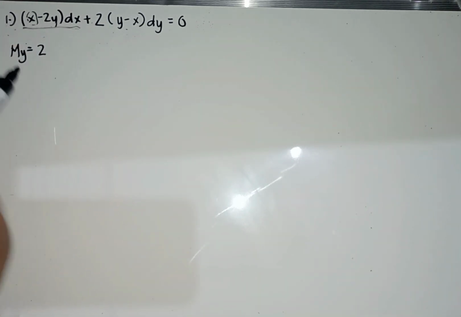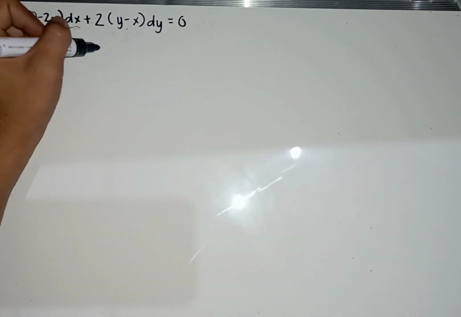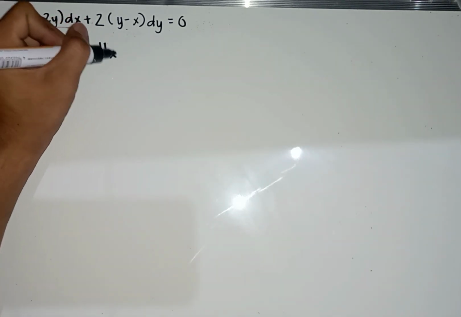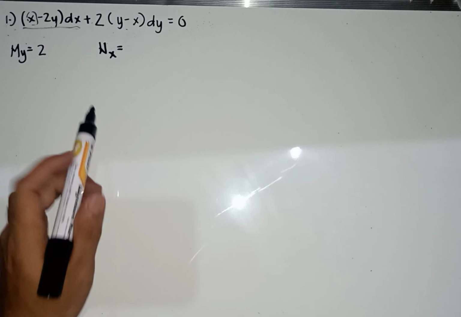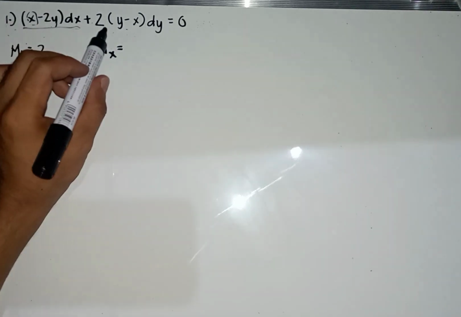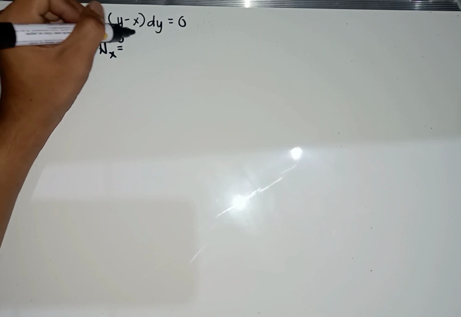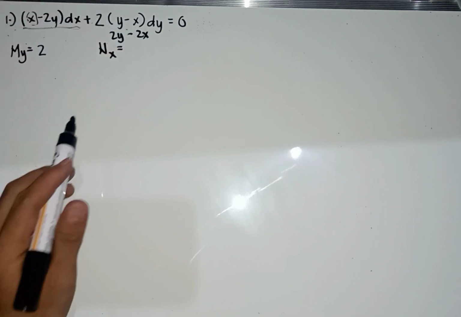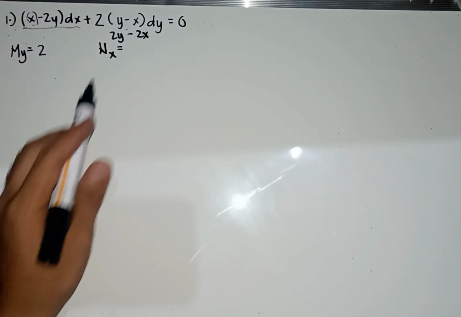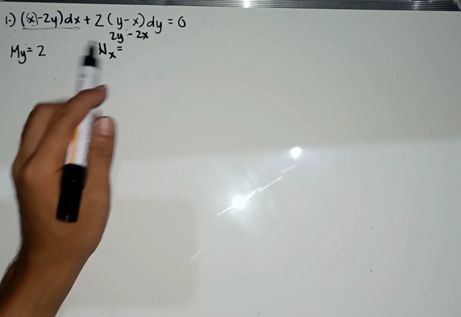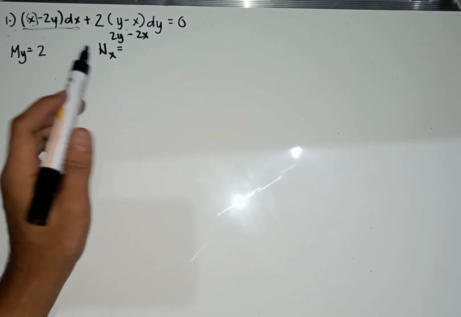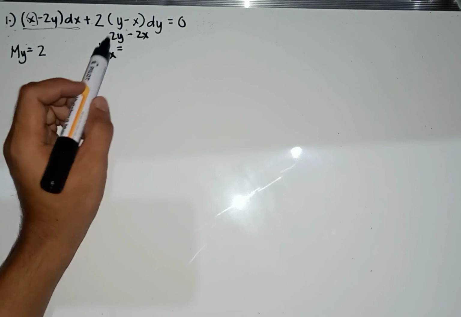Next is N in terms of x. First we must simplify this, that would be 2y minus 2x. For 2y, there's no x variable, so we just leave it as a constant, so that would be equal to 0.